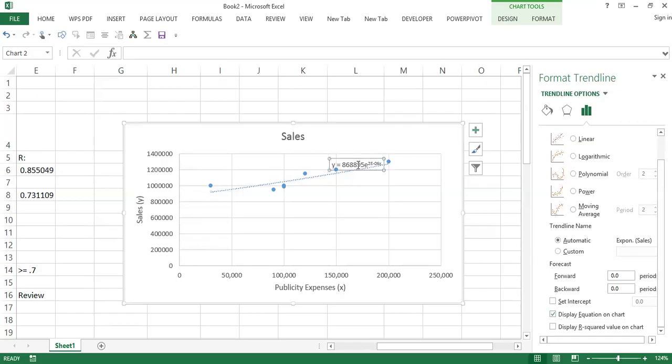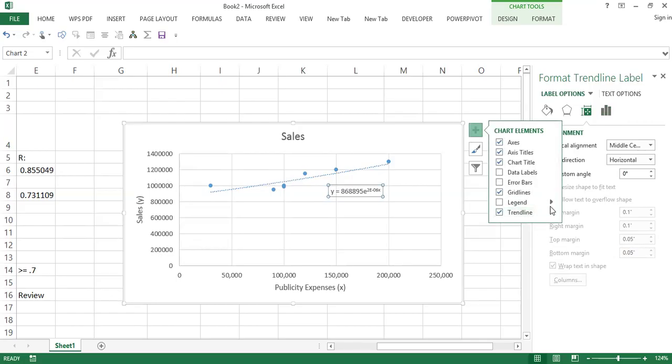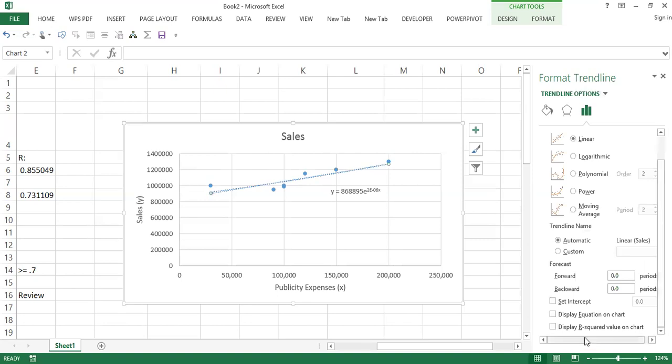Now you see the equation of the exponential trend line is different. But the linear is the most important. Why is that?